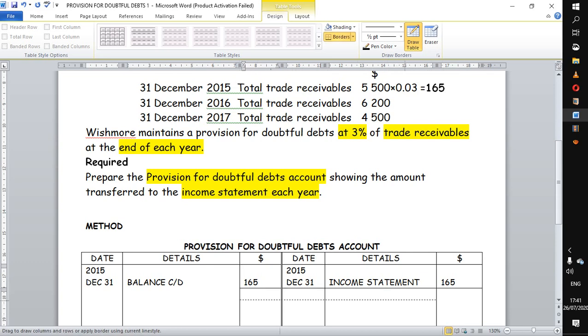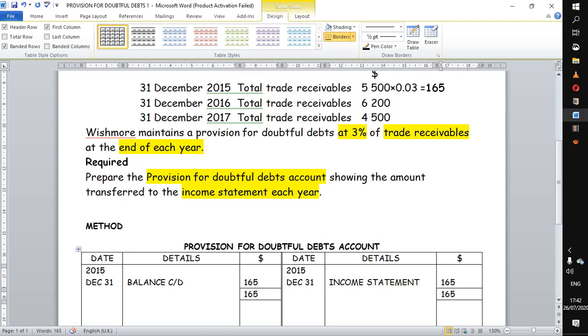So this would be our totals, two of them. Right, so our account will be balanced by the same totals, 165.